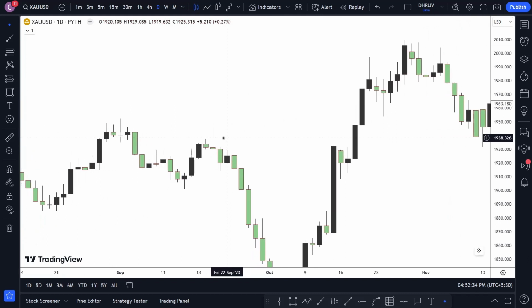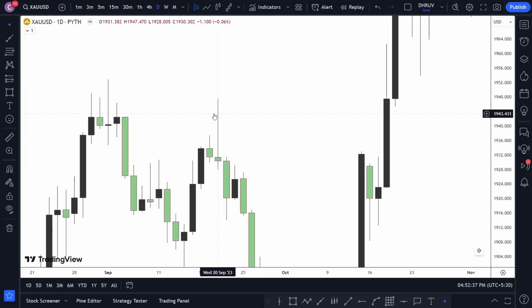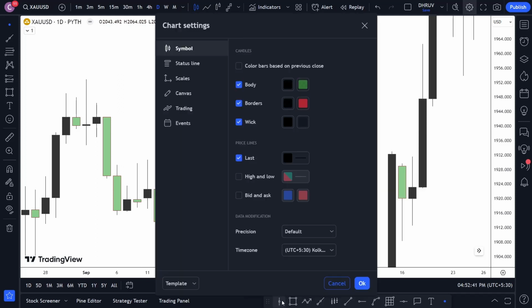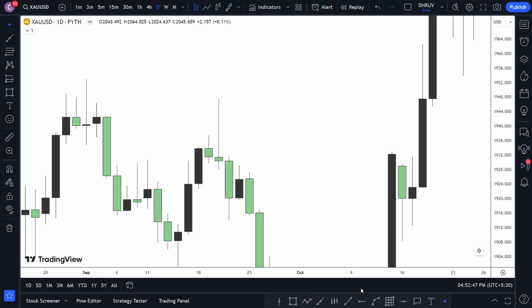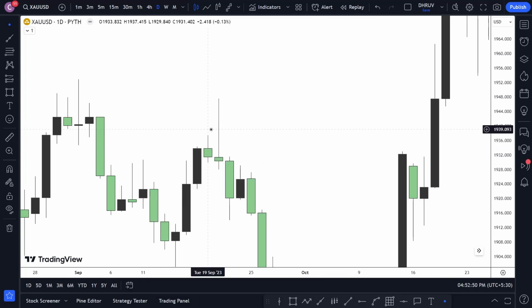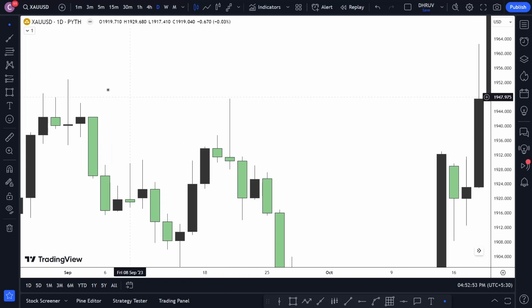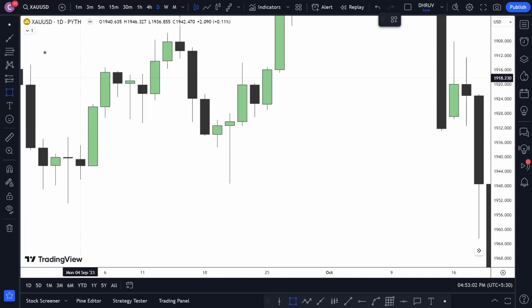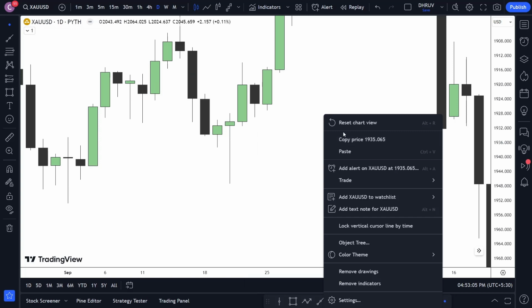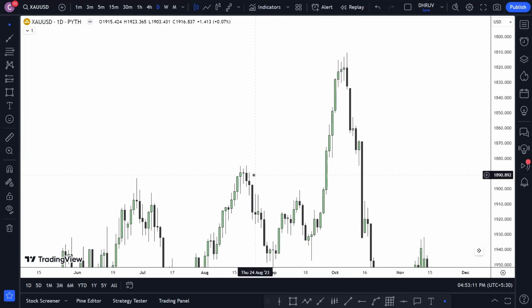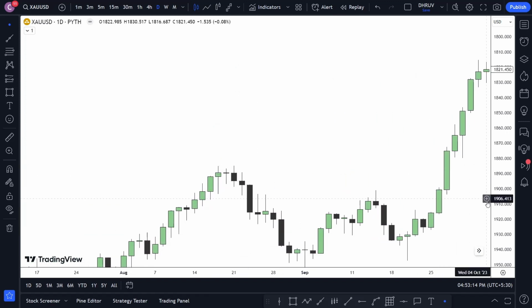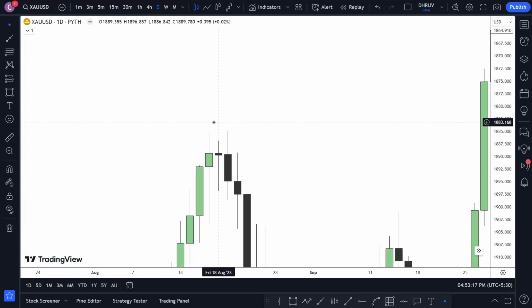Okay, I got an example for this. So here is an example of a same color engulfing candlestick pattern. What do we see?